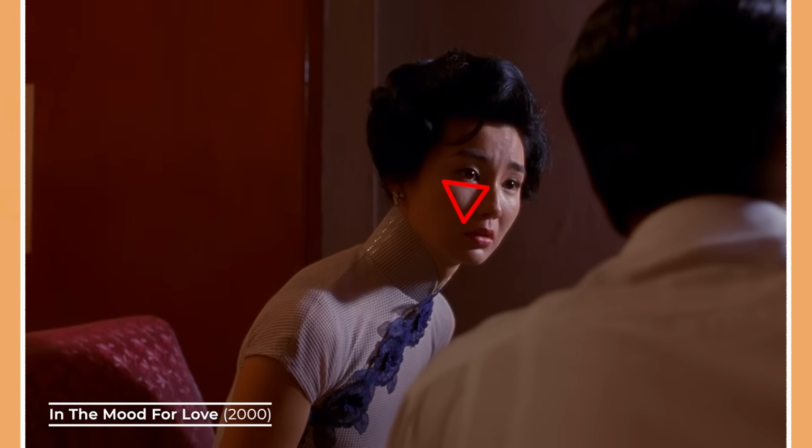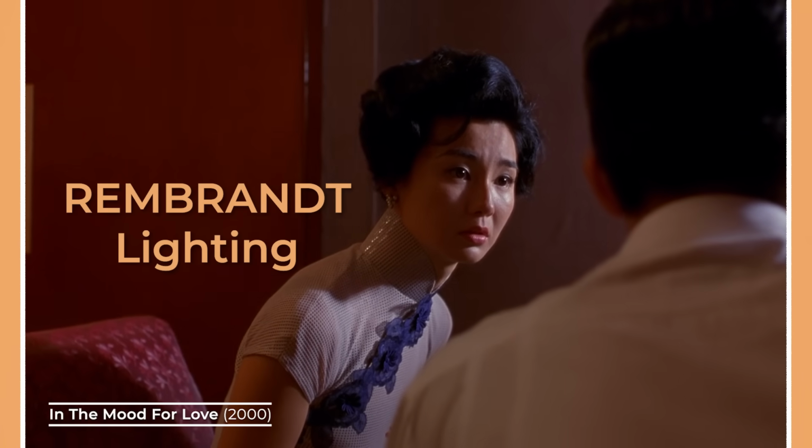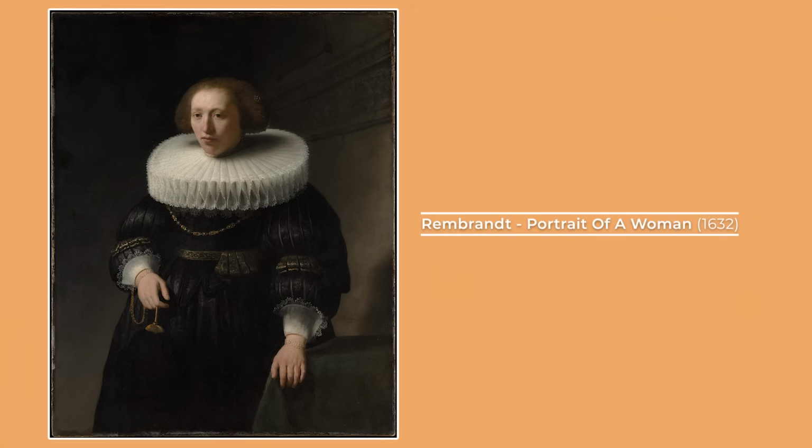However, some of the key light also spills onto the shadow side of the face, creating a triangular spot of illumination which lifts the darker side. This 45-degree positioning of the key light is referred to as Rembrandt lighting, named after the Dutch painter who often used this style of lighting in his portraits.